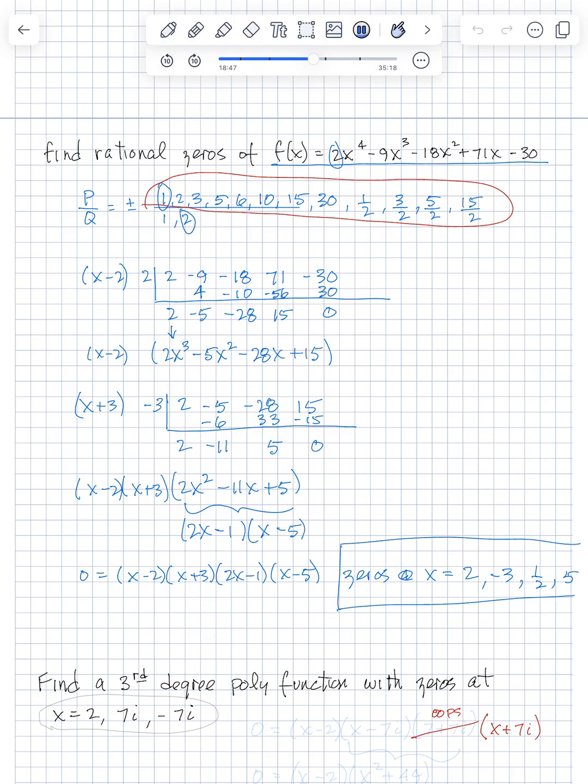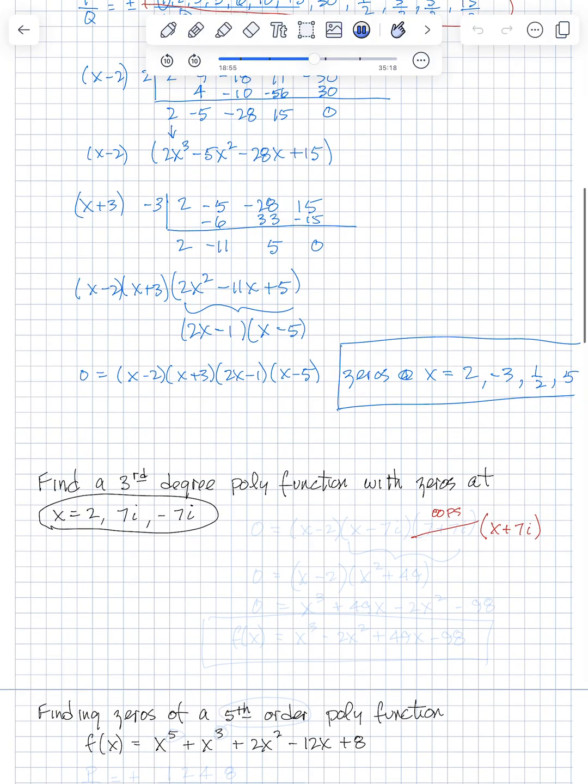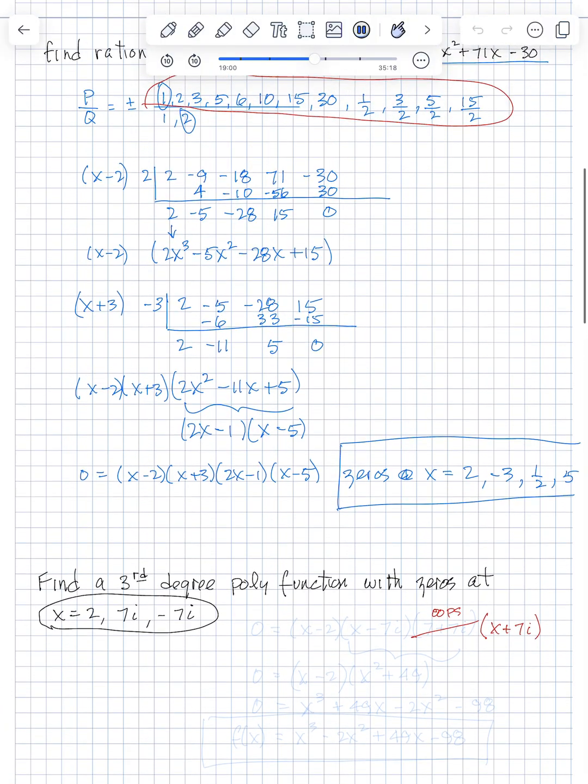Okay, the next example, find a third-degree polynomial function with zeros at x equals 2, x equals 7i, and x equals negative 7i. Well, this is actually pretty simple. So you just say 0 equals x minus 2 times x minus 7i times x plus 7i.